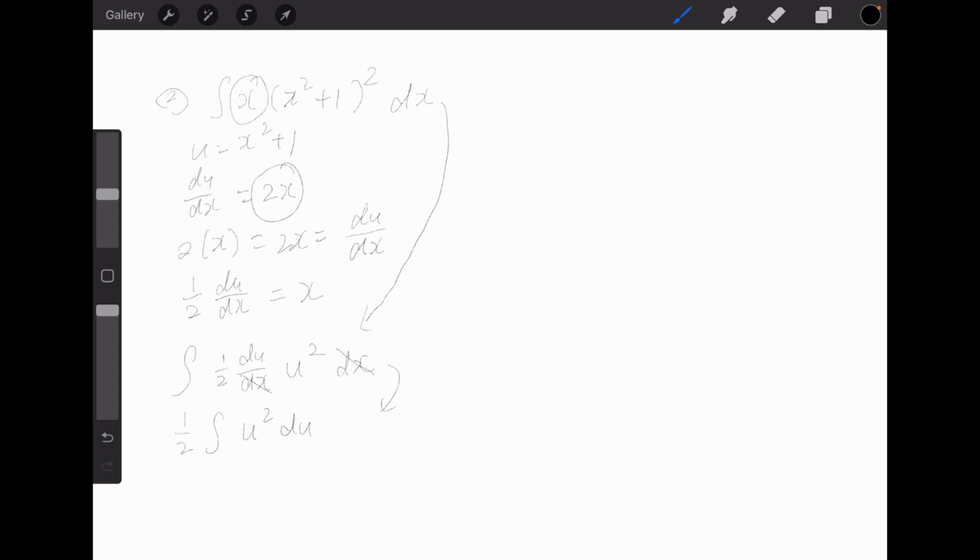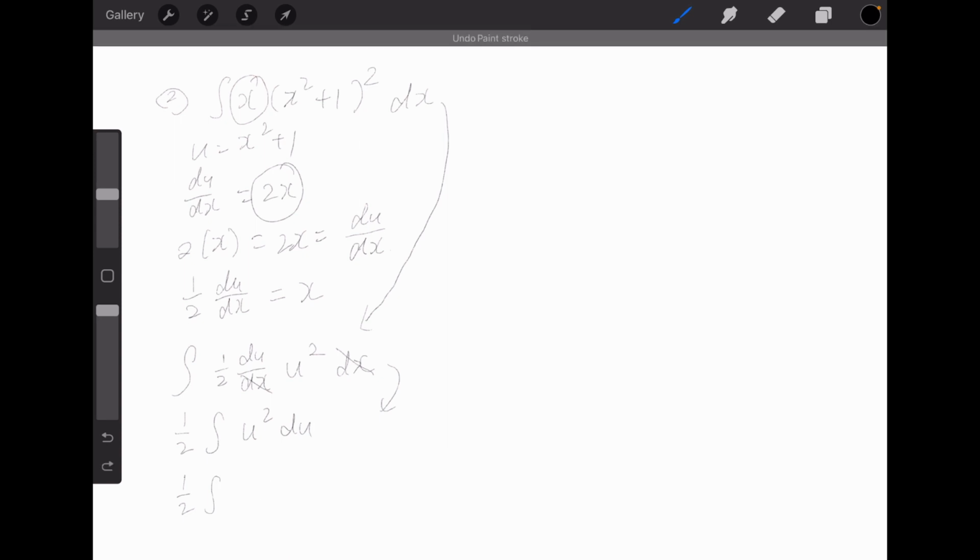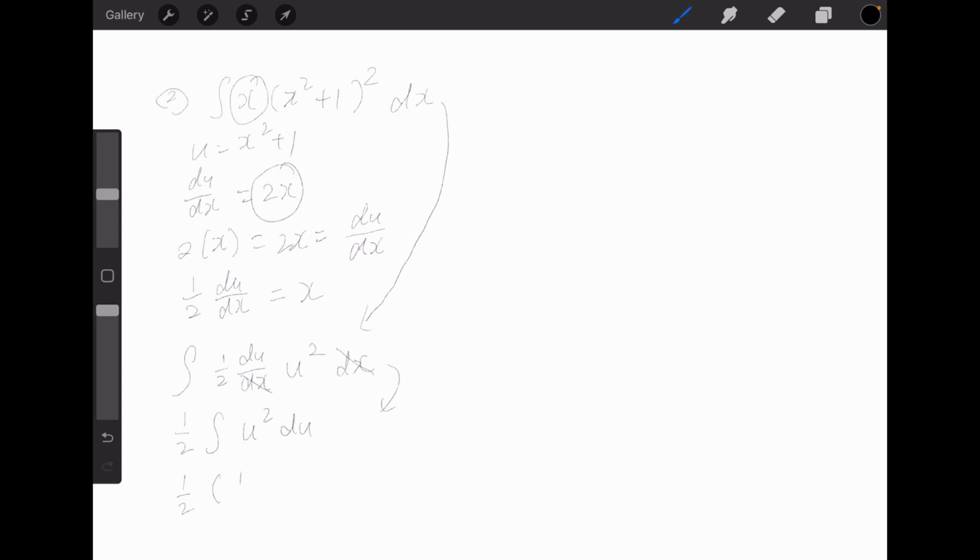If we evaluate that, we would get 1/2 times 1/3, oh sorry, it should be 1/2 times 1/3 u cubed plus c, which equals 1/6 u cubed plus c. If we plug x squared plus 1 back into u, we'll get the final answer, which is 1/6 (x squared plus 1) cubed plus c.